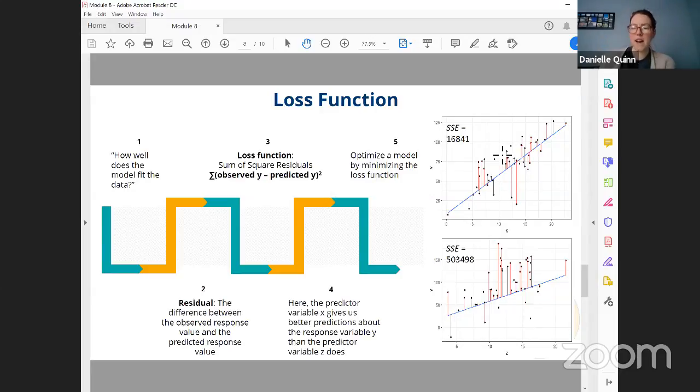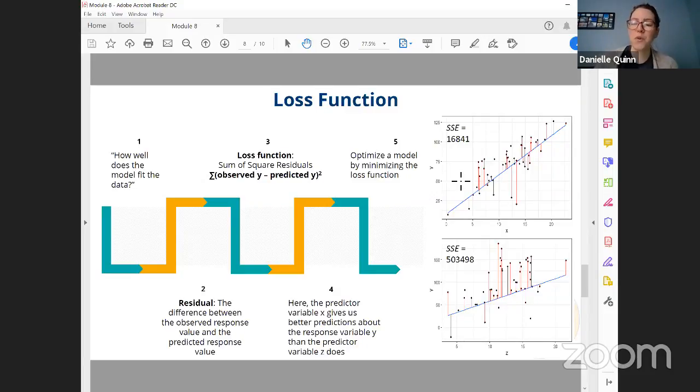That's basically how far off our prediction was. And so the way that we calculate our loss function is we go to every single point, we find whatever that residual is, we square that value, so we multiply it by itself, and then we find the sum or the total of all of those values. What that does is give us a quantifiable way to measure how far off our predictions are.